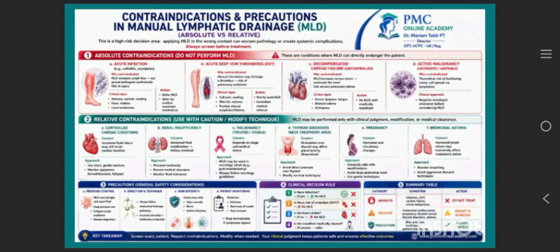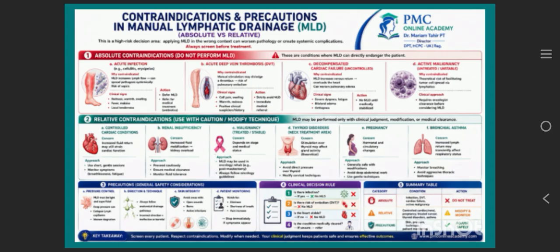The clinical signs are calf pain and swelling, warmth and redness, and positive clinical suspicion or history. What action is required? Strictly avoid MLD and make an immediate medical referral.